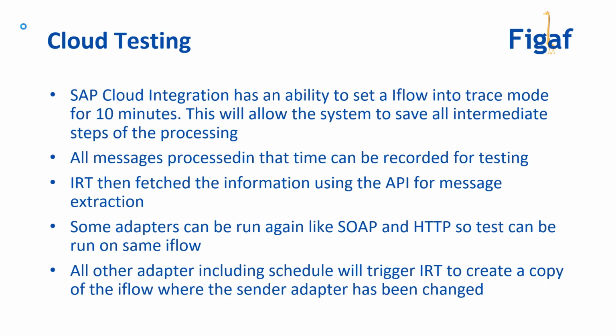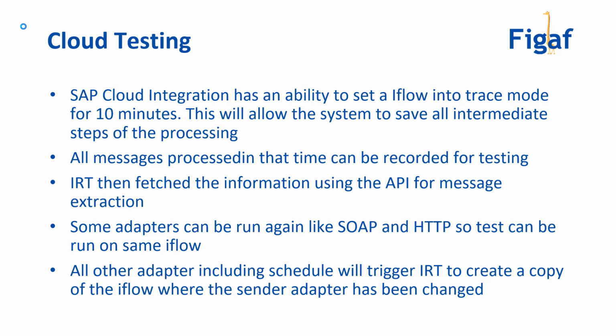If you have any other adapters or scheduled services, we will create an iFlow that looks identical, but is started with a SOAP or an HTTP adapter, so we have a way to trigger this in your system. Just update it, so whenever you're doing an update, it will synchronize this new iFlow, and when you're running tests, you'll be able to validate that it looks as it's supposed to. So this makes it easy to test these different things.